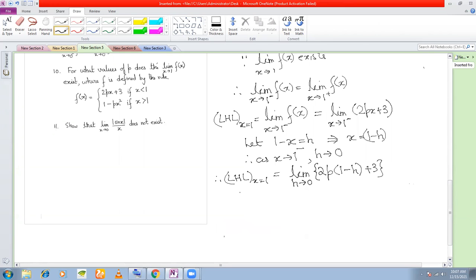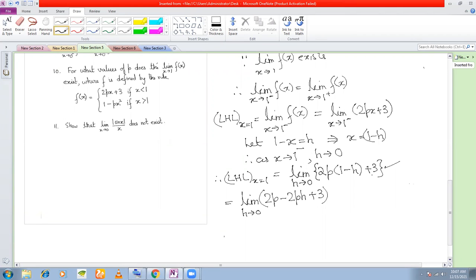Okay, which is equal to the limit as h tends to 0 of 2p minus 2ph plus 3. Or you can put h is equal to 0 here only, in this step only, you can put h is equal to 0.